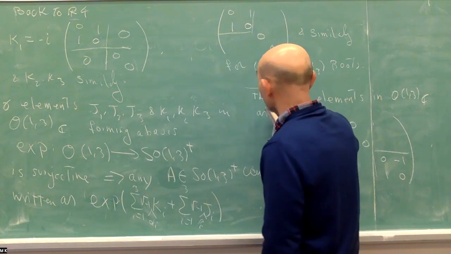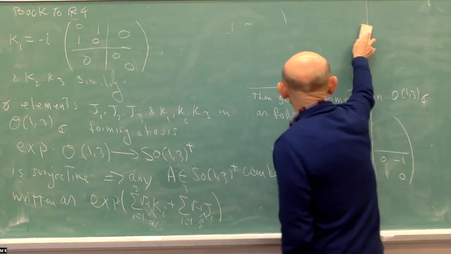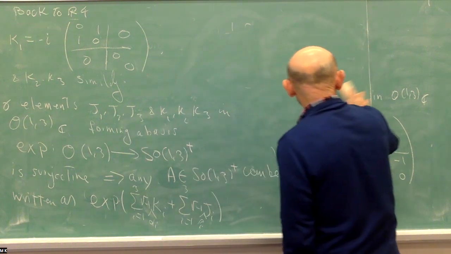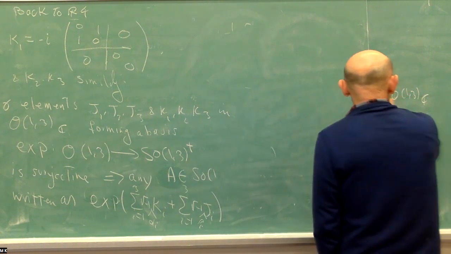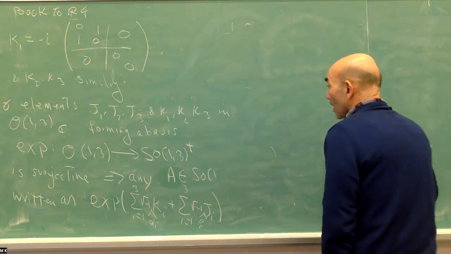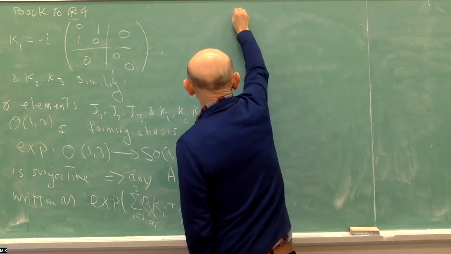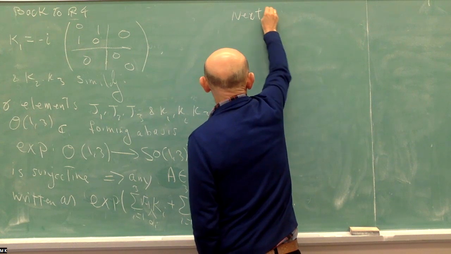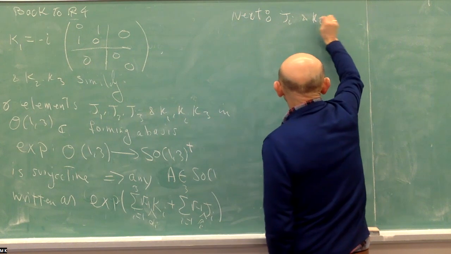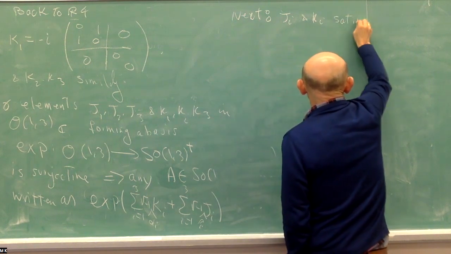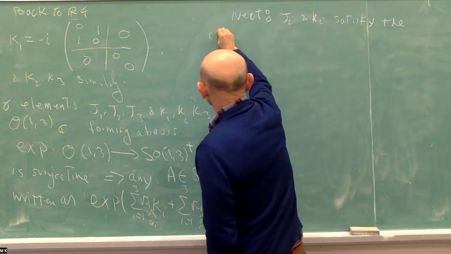And that's very crucial. So I just write here commutation relations between J's and K's. Next, we have to observe that Ji and Ki satisfy the commutation relations.